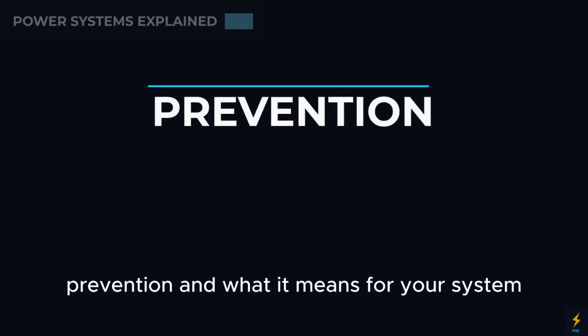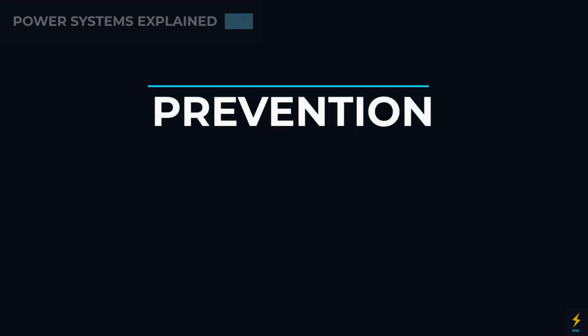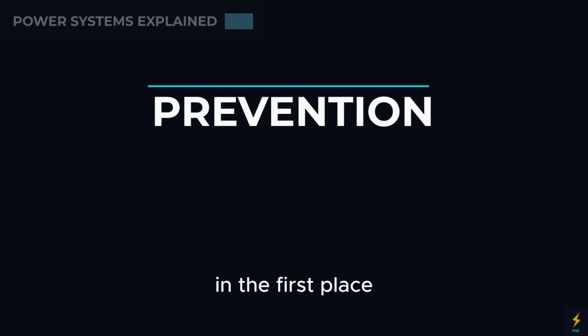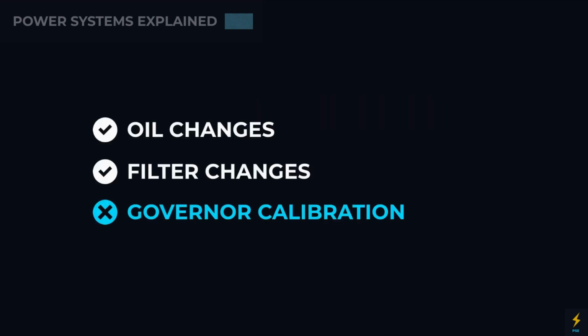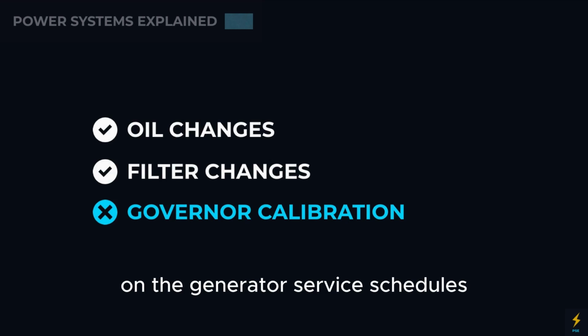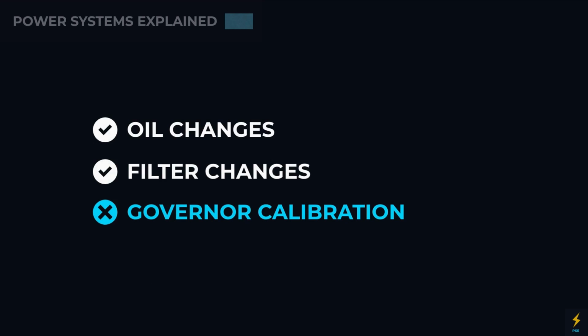Prevention and what it means for your system. Now let's talk about what you do so this doesn't happen in the first place. Governor maintenance is the most neglected item on generator service schedules. I see it constantly.